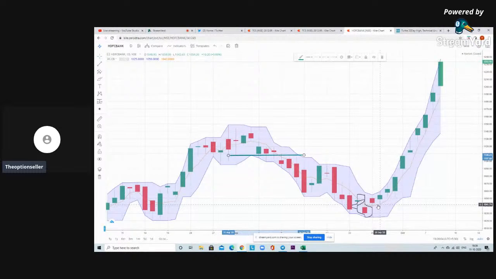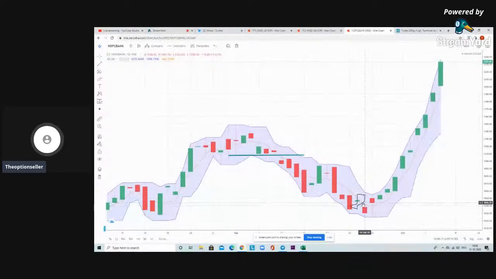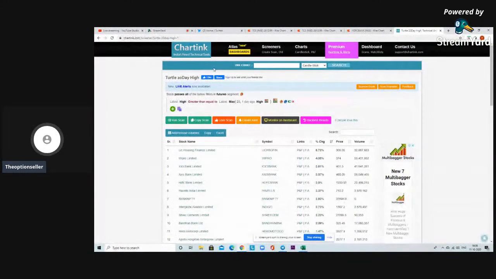Once we know what the trend of the stock is, we need to time the entries and exits using the lower time frame. What I generally do, guys, is I run a scanner. This is a charting website where you can simply search for scanners.